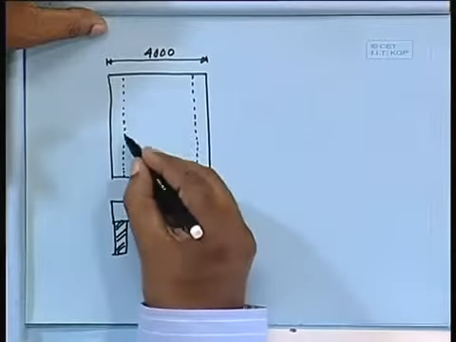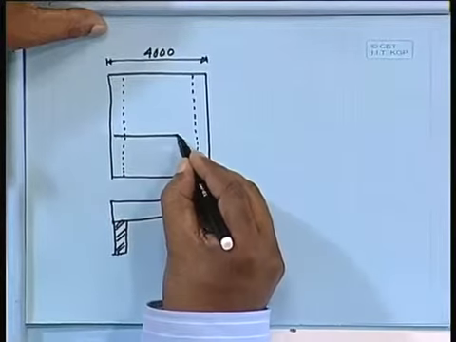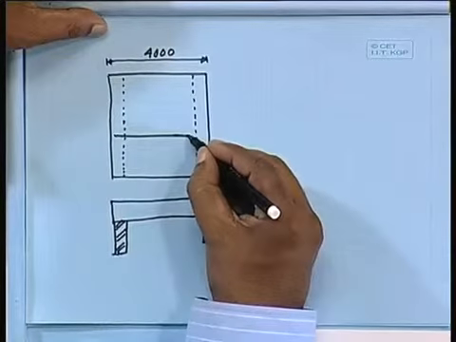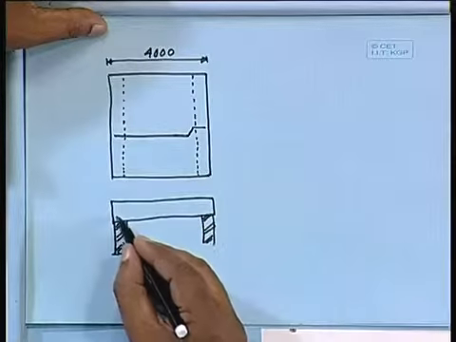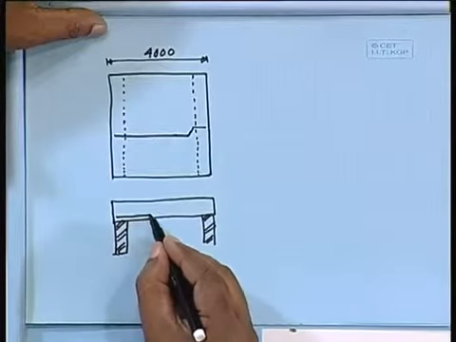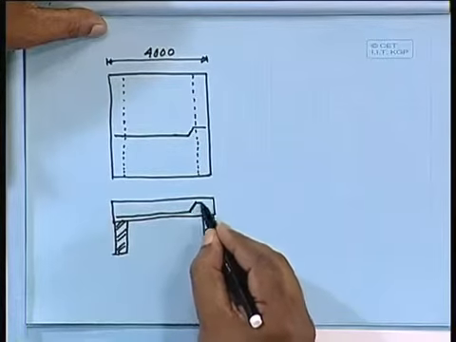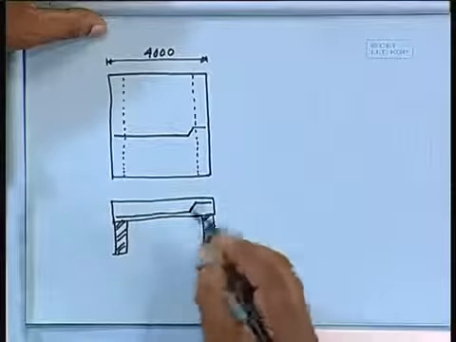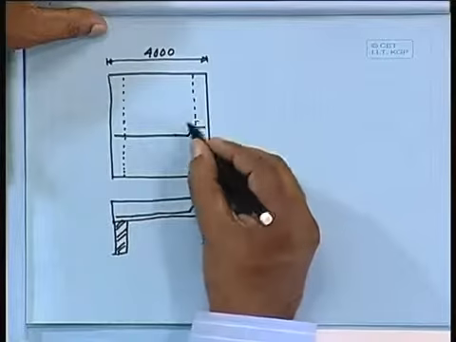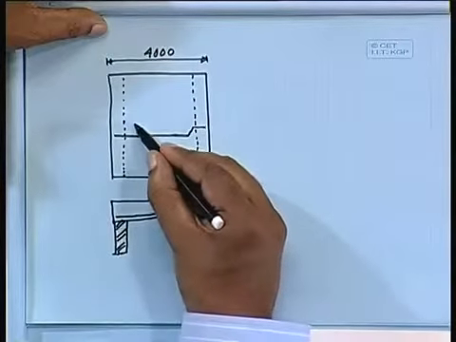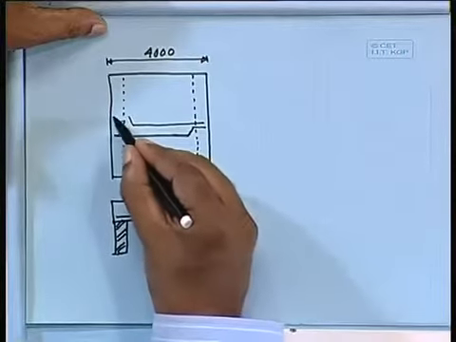Let us start, this is the one we are starting here, one bar, and then it will be cranked and go up like this. We are starting from here, then go up, and this one. The other one, what we shall do, this is one reinforcement. Similarly, the other one, I can start, go up, and this one.